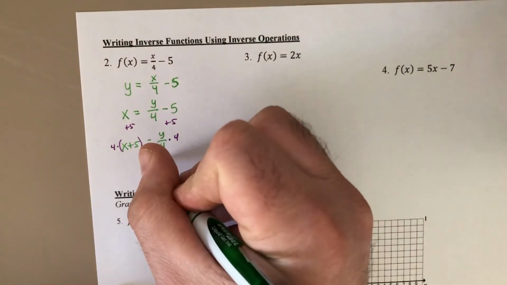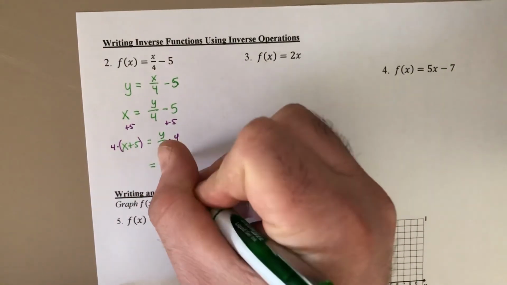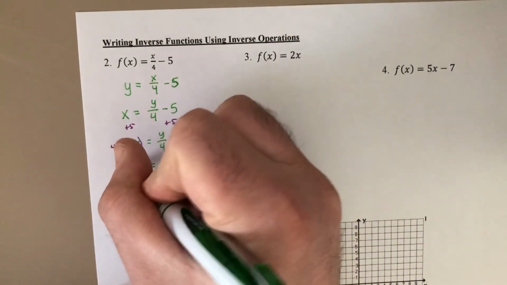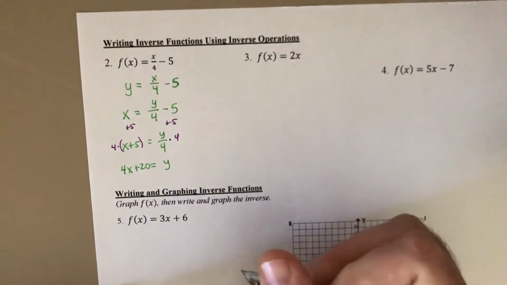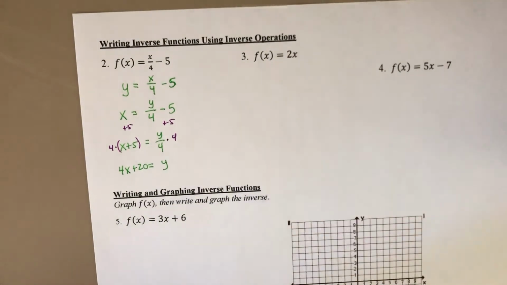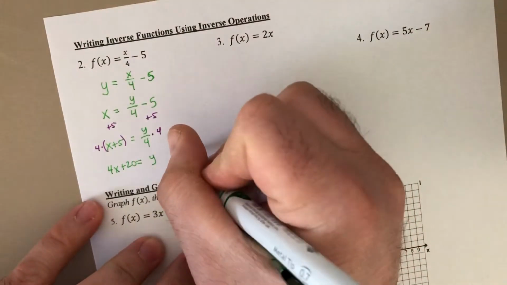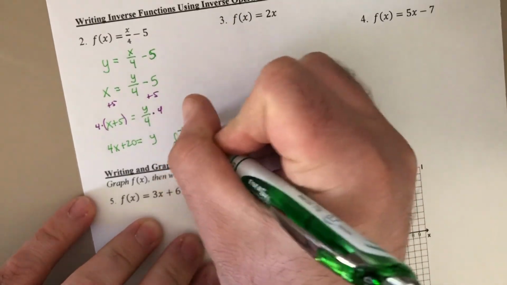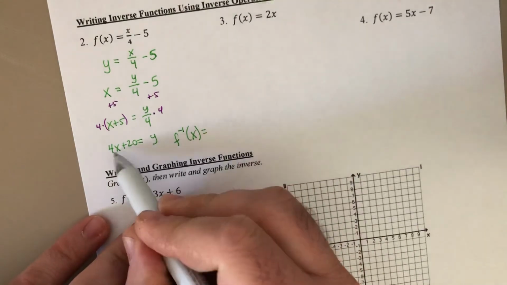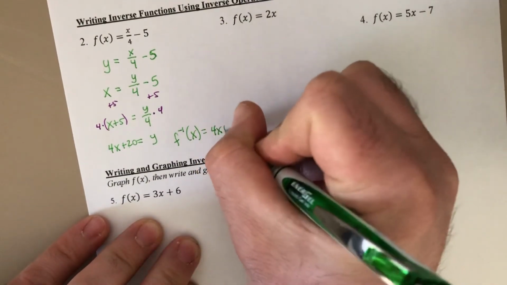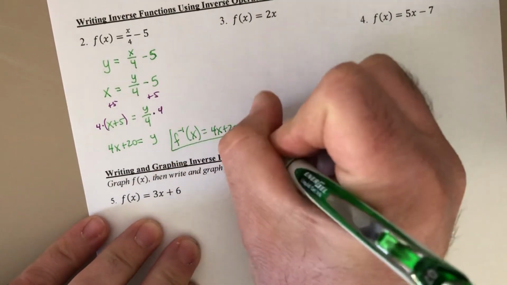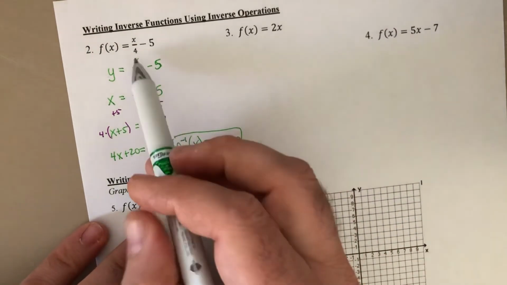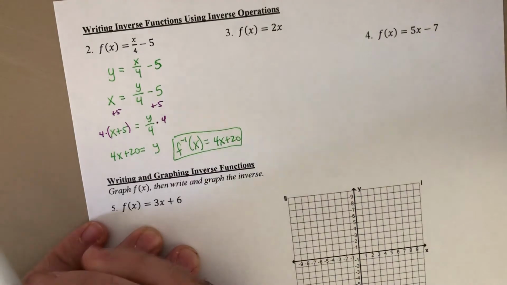So we just are going to have y. This will be 4x plus 20 if I distribute that. And then we usually tend to write the f inverse first. So, last step, swap y for f inverse. So f inverse of x equals 4x plus 20. So this, 4x plus 20, is the inverse of x over 4 minus 5.